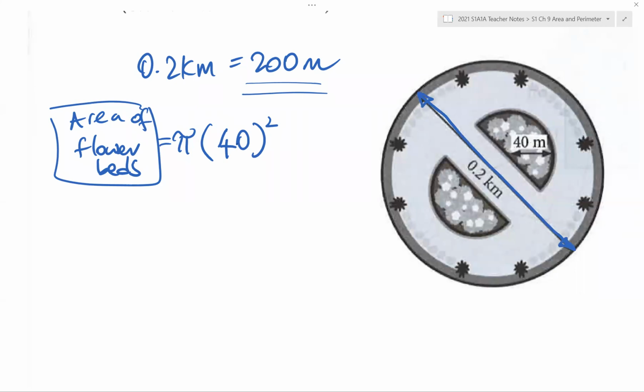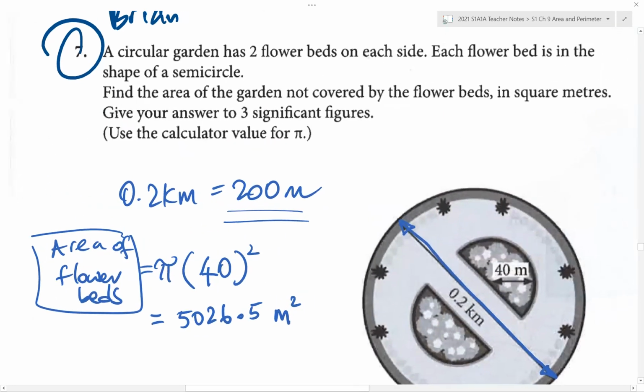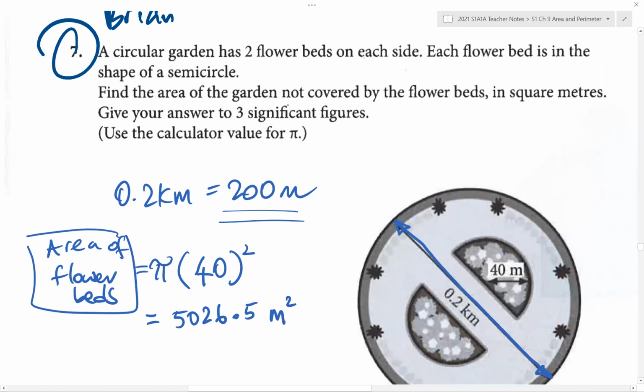So this gives us 5026.5 square meters. This is the area of the flower bed, but they do not want that. They want the area of the garden not covered by the flower bed. Then how?